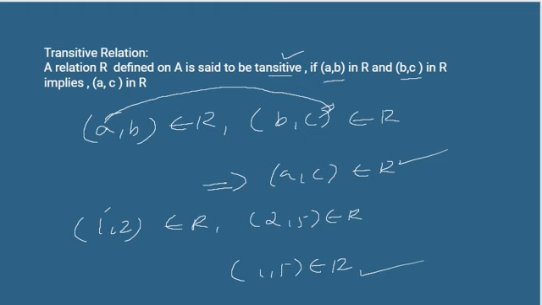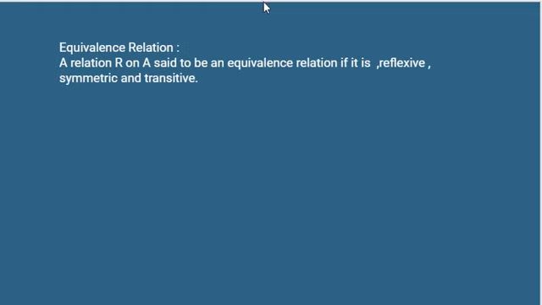Clear? And moving on to the next topic, equivalence relations. This is very, very important. Now, see the definition. A relation R on A, A must be a non-empty set. A relation R on a non-empty set A is said to be an equivalence relation if R is reflexive, symmetric, and transitive.